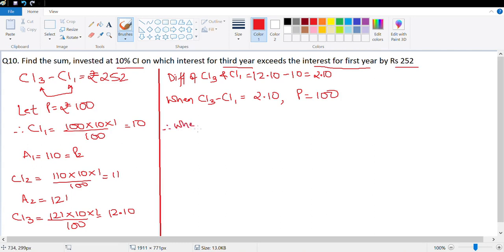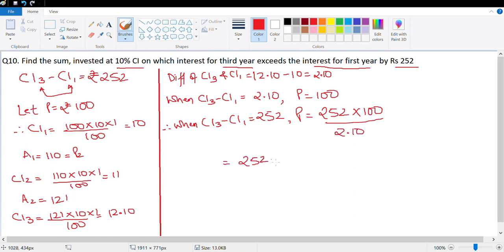Therefore, when CI3 minus CI1 is equal to, as per the question, 252, P would be equal to 252 into 100, cross multiplication basically, divided by 2.10. That's 252 into 100, and let's remove the decimal, so that's 21. Multiply the numerator with 10. That's 7 into 3, 21, 42. 7 into 6. That's 3 into 1, 3 into 12. So principal is equal to 12 with 3 zeros, 12,000.